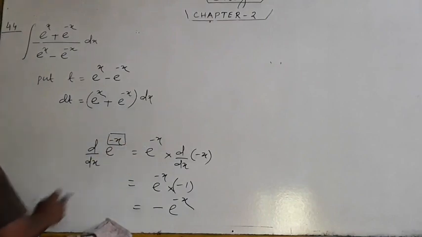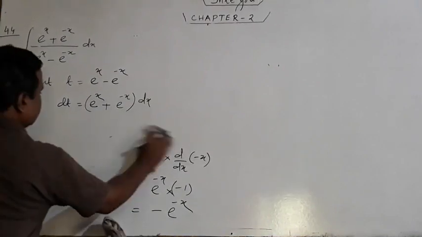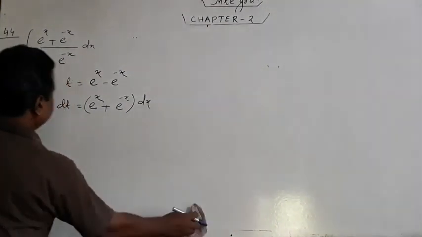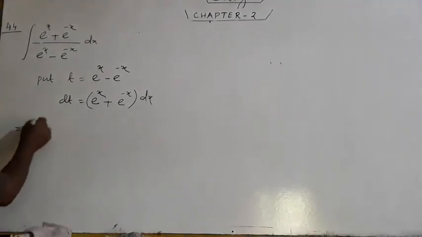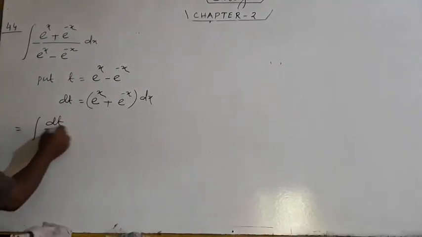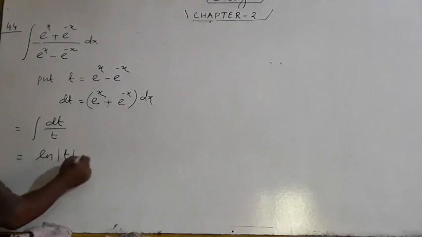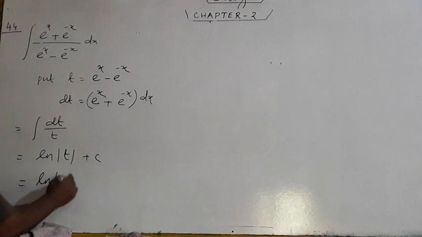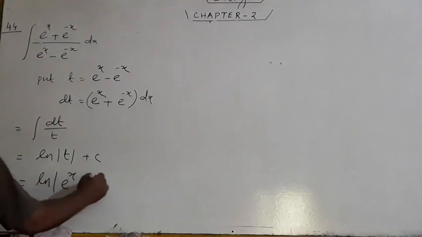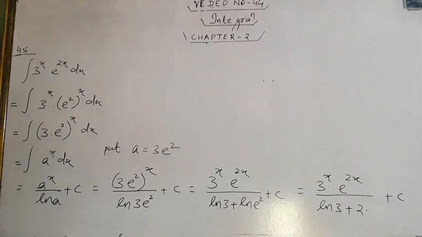Remember this. Okay. Then it becomes dt by t, and dt by t is ln t, and you have to put the value of t, that is ln |e^x minus e^(-x)| plus c.